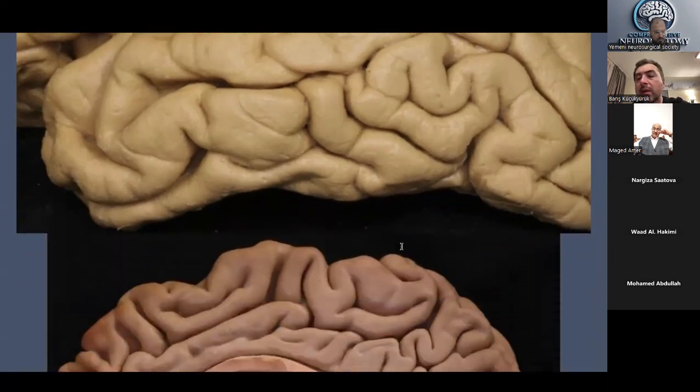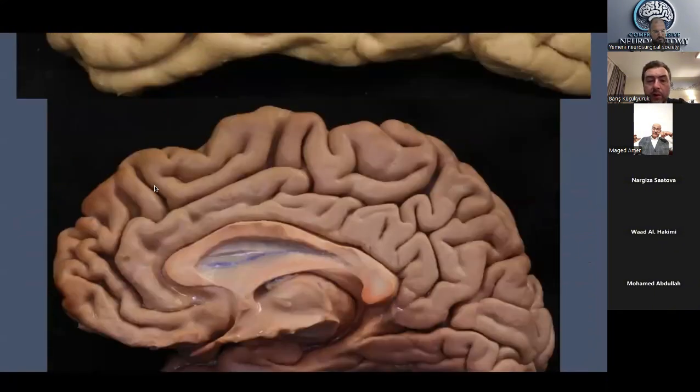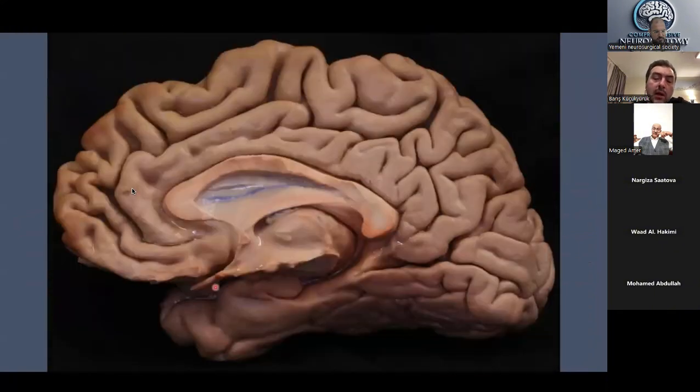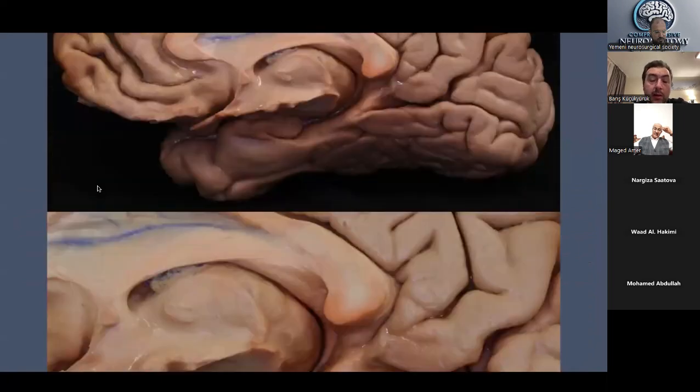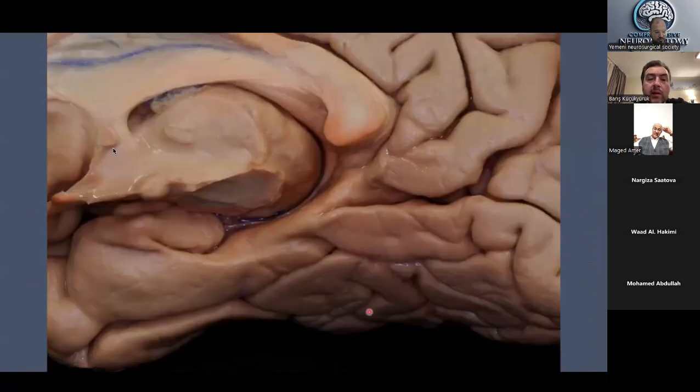Then we see the medial surface of the temporal lobe. The mesial surface of the temporal lobe is hidden beneath the brainstem. There is the mesencephalon, but the pons and the rest of it is cut and taken out. When we look a little bit closer, now we see the medial surface of the temporal lobe. As Professor Rhoton used to commonly express, the medial surface of the temporal lobe is the most complex of the cortical surfaces.